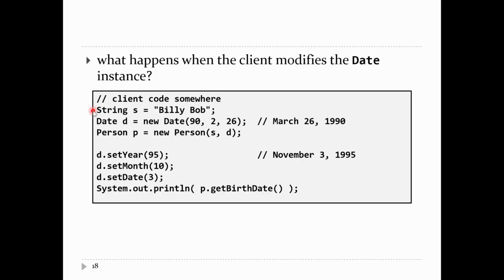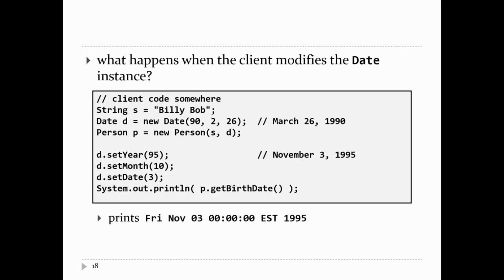So there's the code from before. Now remember, the caller has this reference D to a date object. For example, they can change the year to 1995, change the month to November, and change the date to 3, so November 3rd, 1995. So they're changing their date object D. Now if you ask the person, hey, what is your birth date? That now prints out November 3rd.